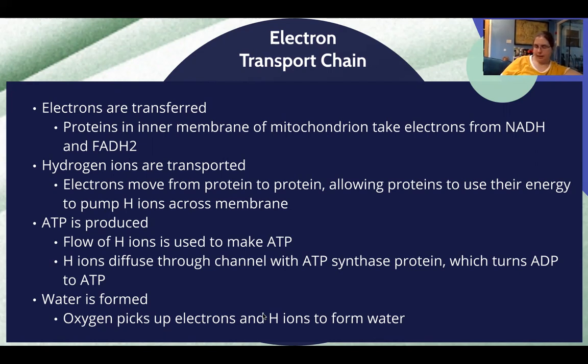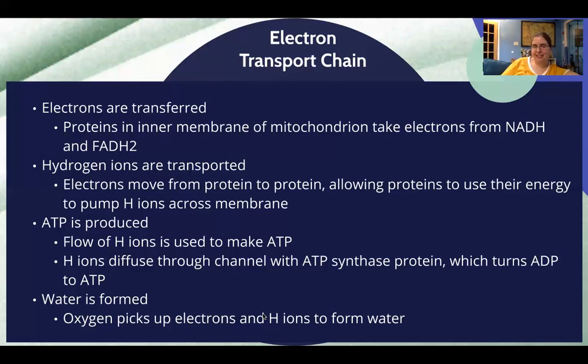Now that we have a larger concentration of hydrogen ions on one side, what we can actually do is allow them to flow down their concentration gradients by diffusing through ATP synthase, that protein that has a channel in it and allows the hydrogen ions to move from the area of high concentration to the area of low concentration.